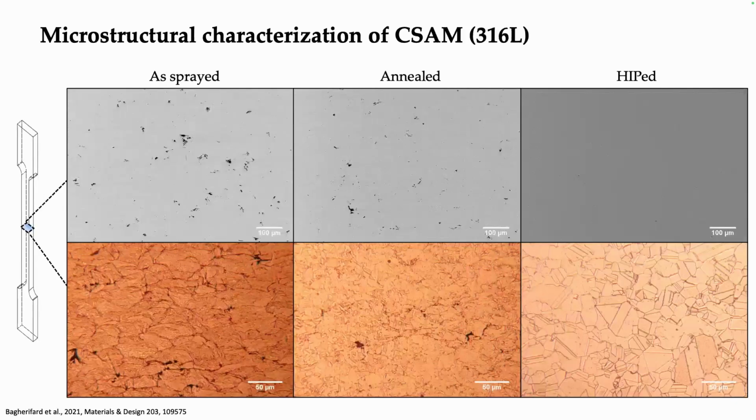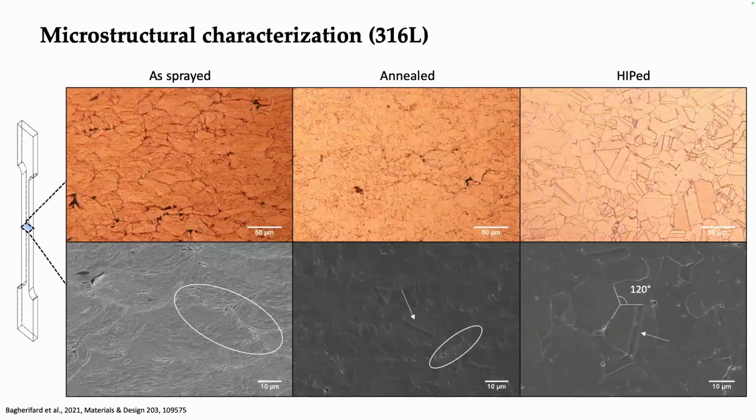We did a similar study on another material, stainless steel 316L, and here you are seeing the cross-section of the cold sprayed samples in as-sprayed and post-treated condition. Again, the presence of small pores that are decreasing after heat treatment. And in the bottom row, you can see the cross-section in terms of microstructural features and how it evolves as we apply the heat treatment.